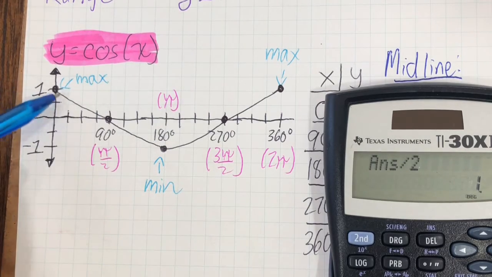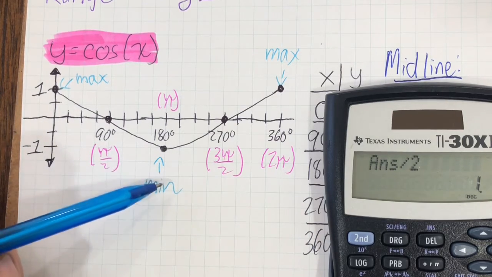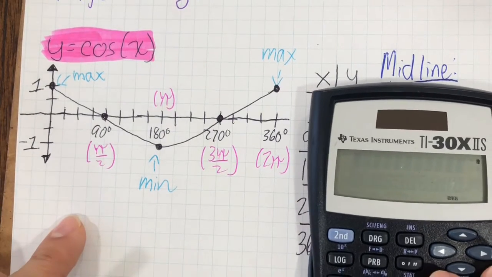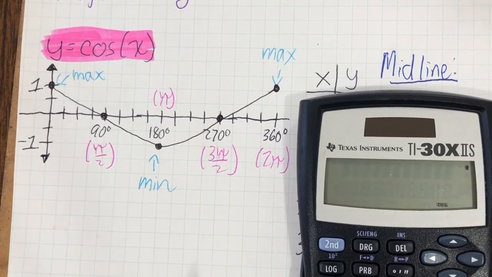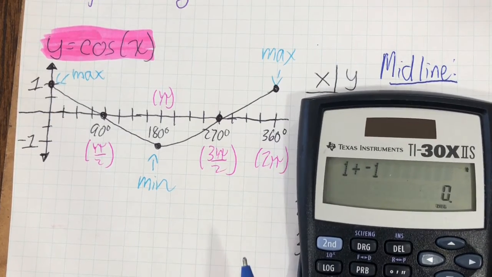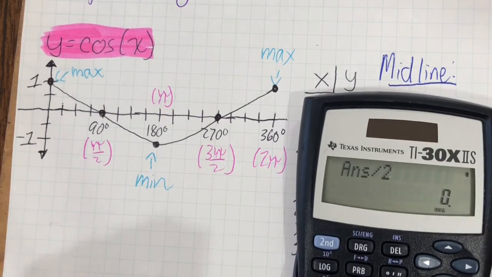So for my max, I have 1 as the output, and for the minimum, my output is -1. So if I were to do the calculations for the midline, I have 1 plus -1, I get 0. Divide by 2, I still get 0.